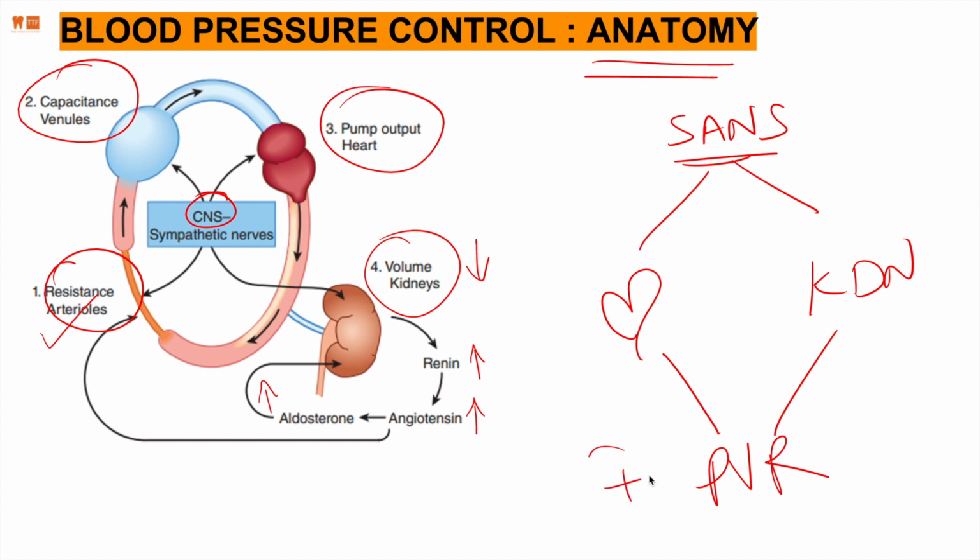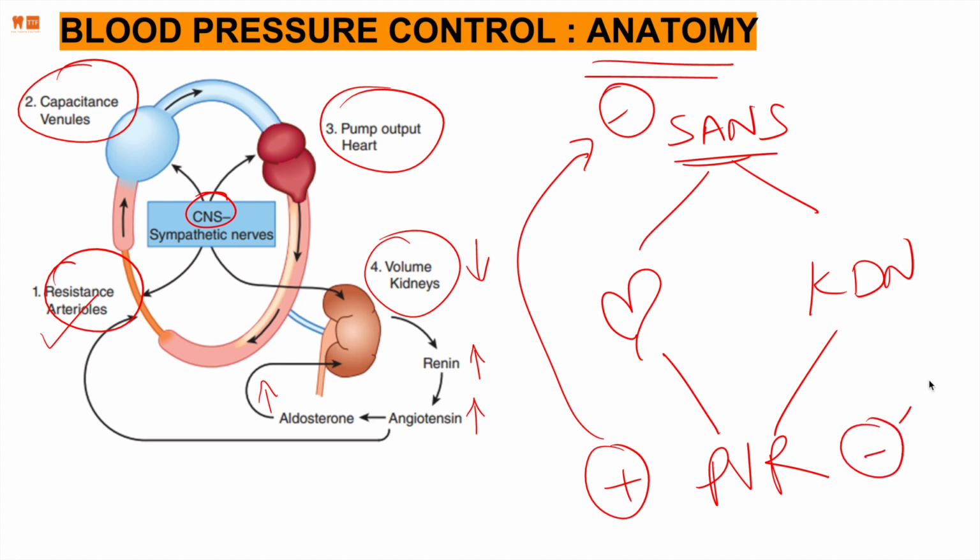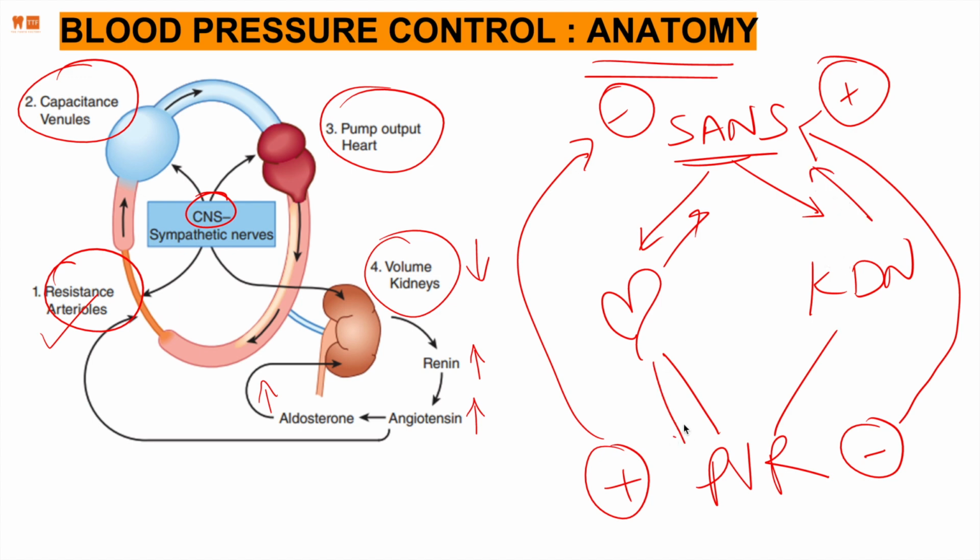If this is positive, the sympathetic nervous system is going to be negative. If this is negative, the sympathetic nervous system is going to be positive, and hence there will be a response on each side. Fair enough? Perfect. So hopefully that anatomical picture clarifies a lot of doubts for us for blood pressure regulation. Okay.